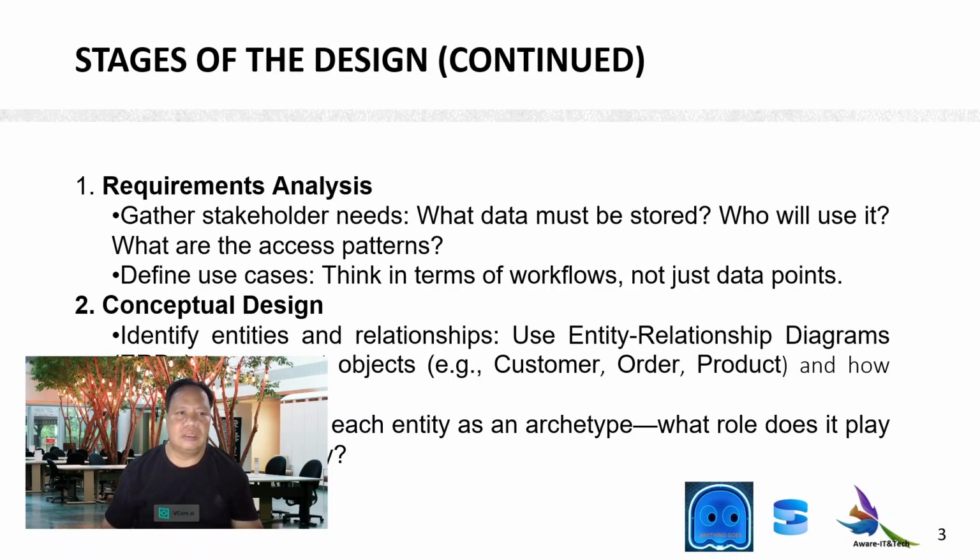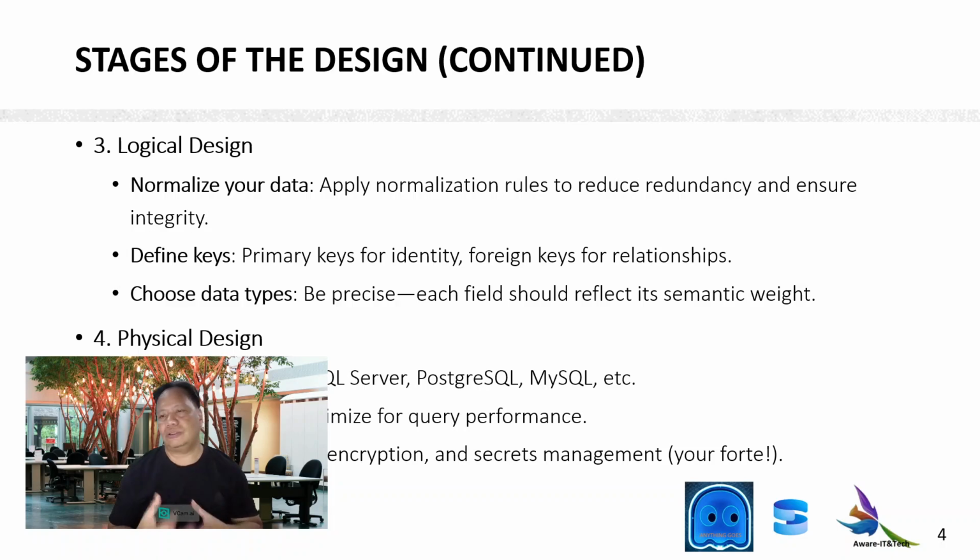We're just doing inventory. So basically, if you're designing an application, you need to get the requirements from your stakeholder, and then you need to do the conceptual design. That includes the entity relationship diagram, and then you go to logical design, which is basically normalizing your data, defining your primary keys, choosing your data types and things like that.